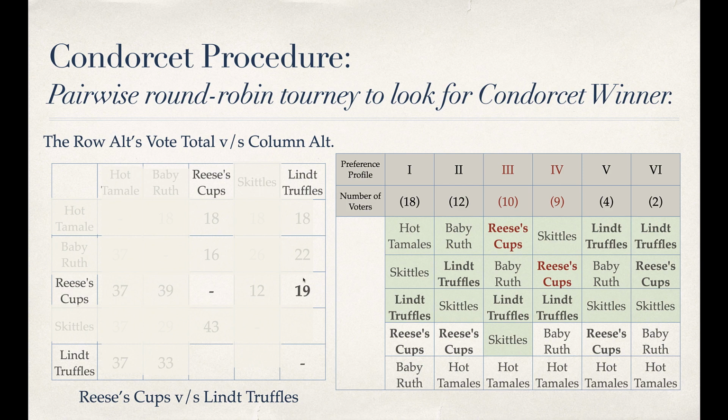It's always the alternative on the row that gets the total. And then for Lindt truffles versus Reese's Cups, that's where Lindt truffles is going to go right here. And they get 36 votes. 18 plus 12 is 30, plus 4 plus 2 is 36 votes for Lindt truffles against Reese's Cups.